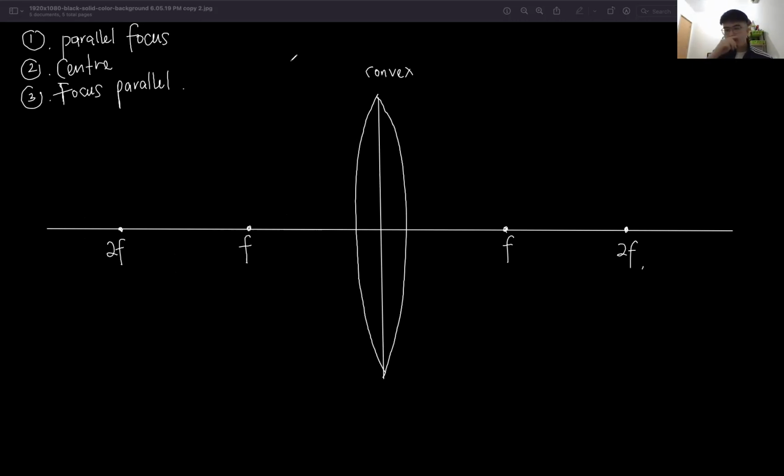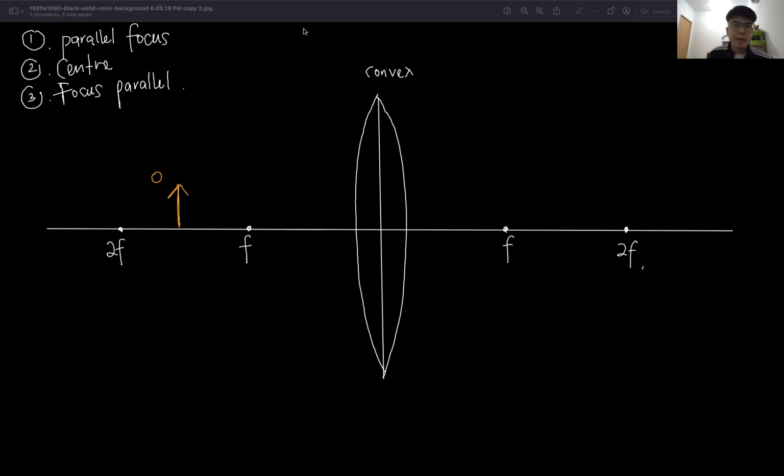Let's start with our object. Where is our object placed? Let's say our object is placed somewhere here. This is the object over here, like that. Object is always upright. We always start with an upright object, so it must be on top of the x-axis. Here, draw the first one, parallel focus.